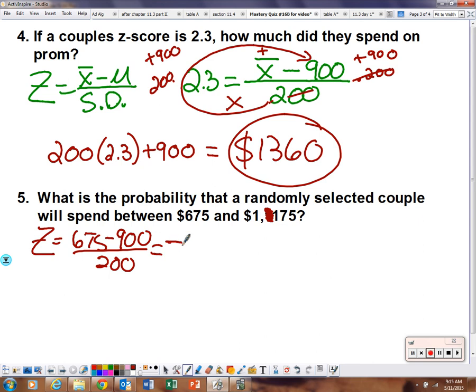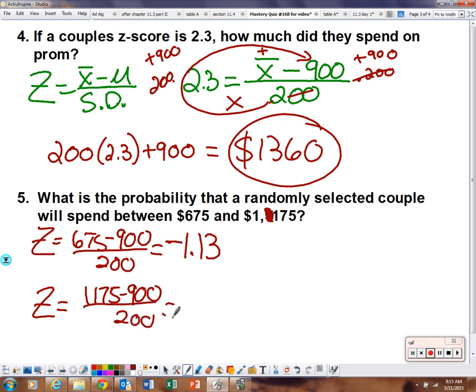We get negative 1.13, I'm going to round this. Then the next z-score. So we're going to take 1,175 minus 900, divide by 200. And that gives us, again rounding, 1.38.